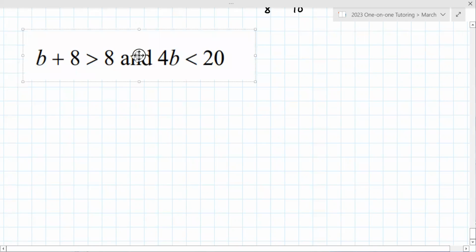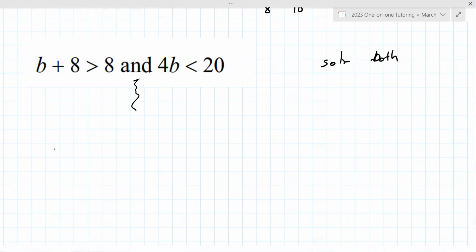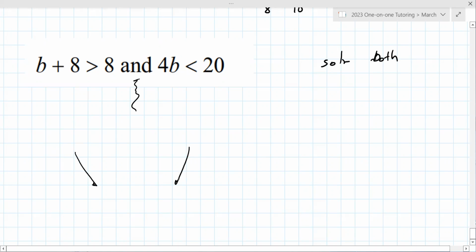So it's really two problems: b plus 8 greater than 8 and 4b less than 20. So you have to solve both. The and is just a word there. It's not going to play into our final answer. You solve one, solve the other, and combine them. So you're going to subtract 8.